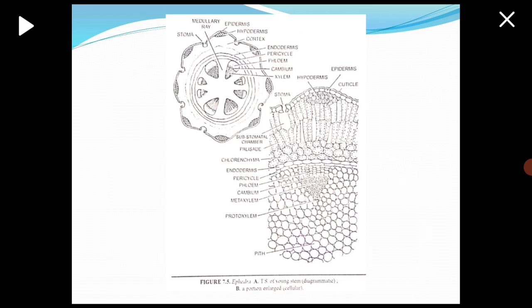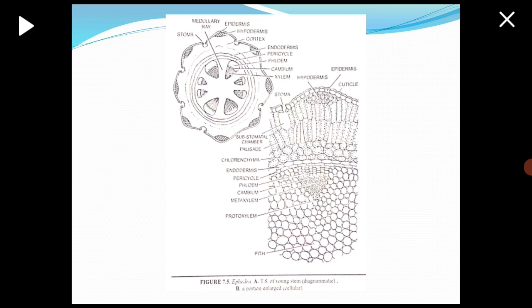Vascular bundles are arranged in one ring. Each internode possesses 8 vascular bundles: two pairs of small vascular bundles representing leaf traces and 4 large vascular bundles. The vascular bundles are conjoint, collateral, open, and endarch, separated by broad parenchymatous medullary rays.